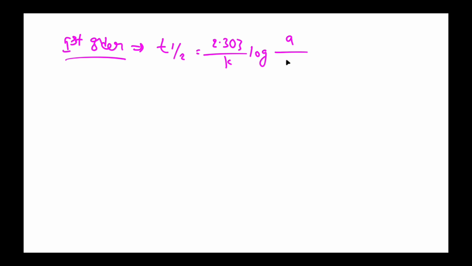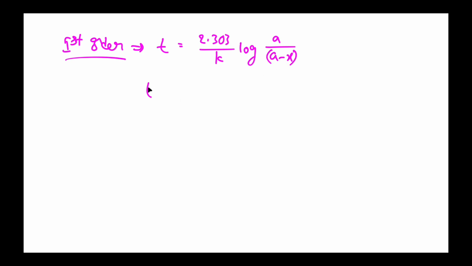We know very well the formula for a first order reaction: T is equal to 2.303 by K log A by A minus X.